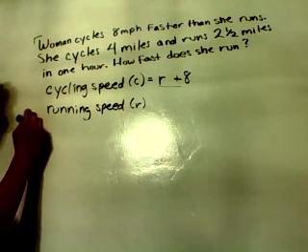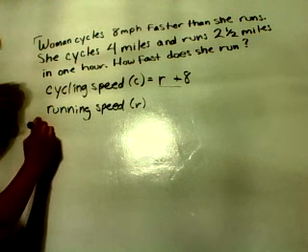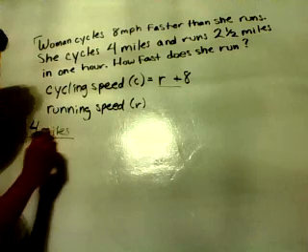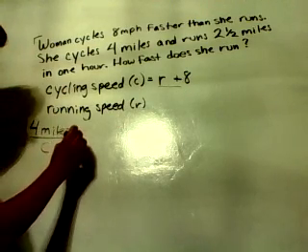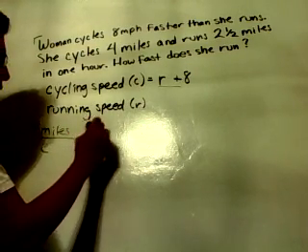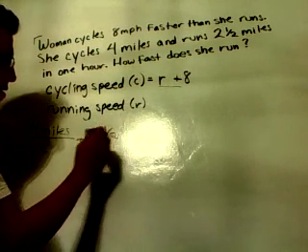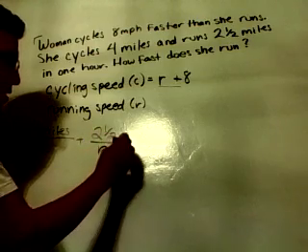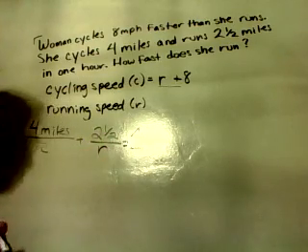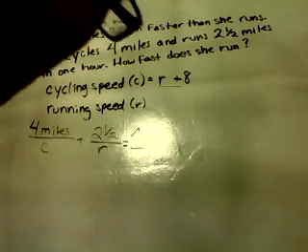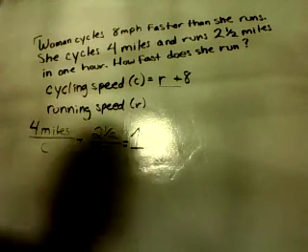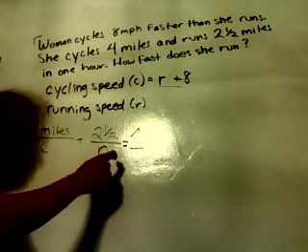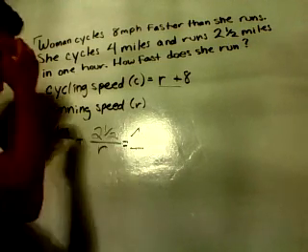It would actually be the 4 miles that she cycled divided by her cycling speed plus the 2.5 miles that she ran divided by her running speed, and that would be equal to 1 hour. So that says the 4 miles divided by C plus 2.5 miles divided by R is equal to 1.